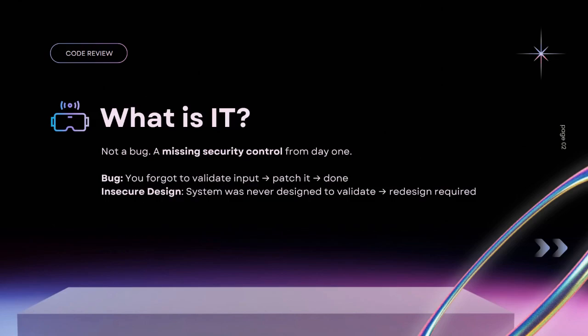No, that is a design flaw. You have to rebuild the whole thing to add security. And that's the problem with insecure design. You cannot patch your way out of it. You have to redesign.